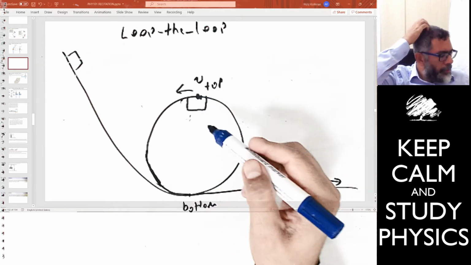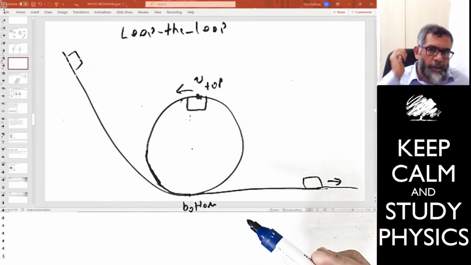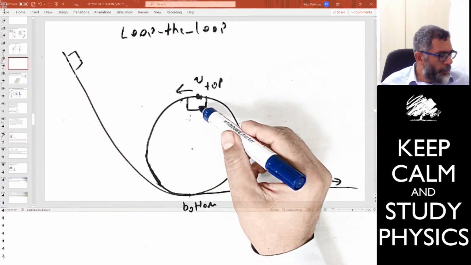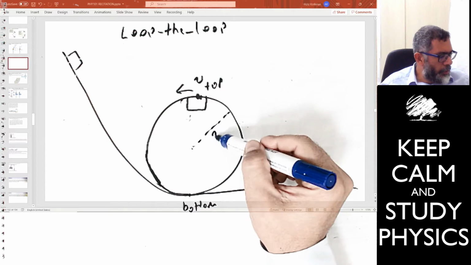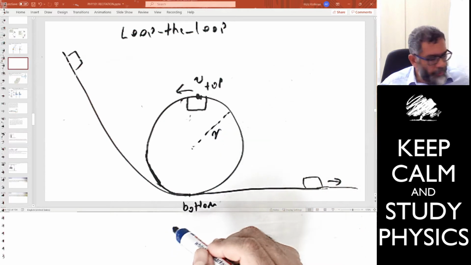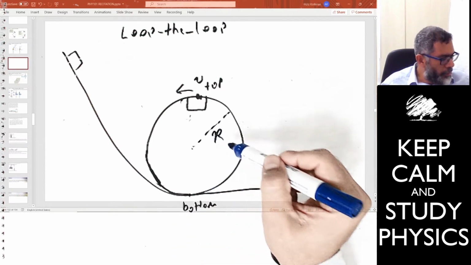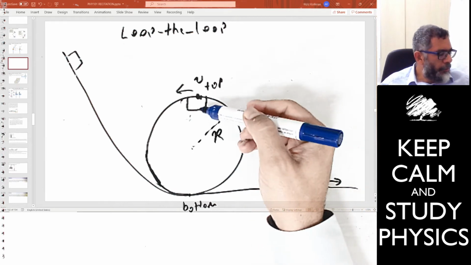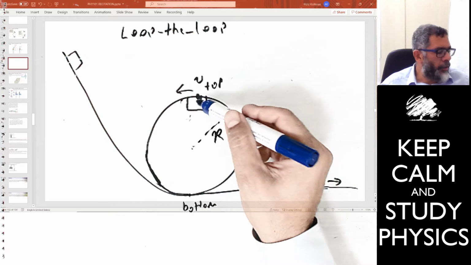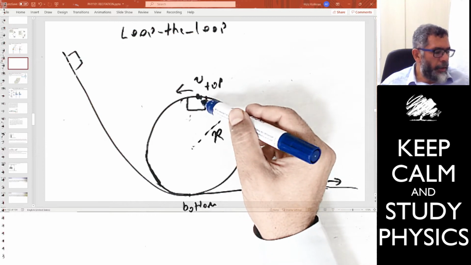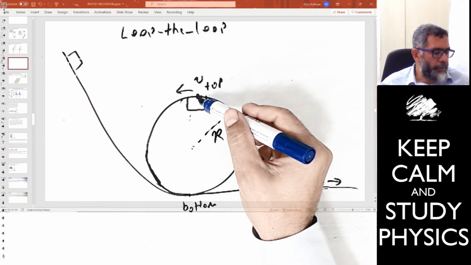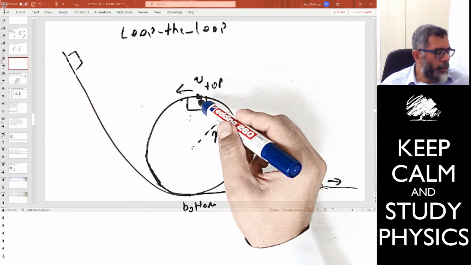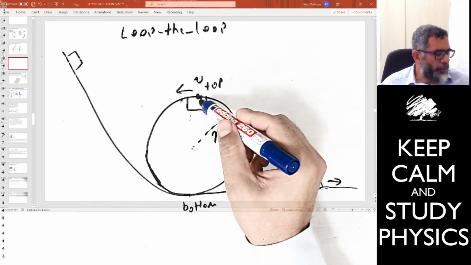Again we're applying Newton's second law, and suppose that this is the radius of the track. Let's make this radius capital R, and we have to show all the forces acting on the object.